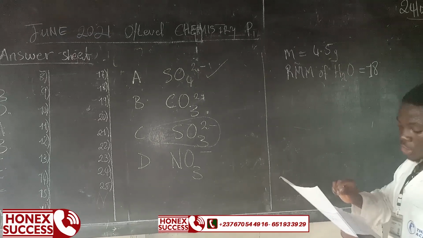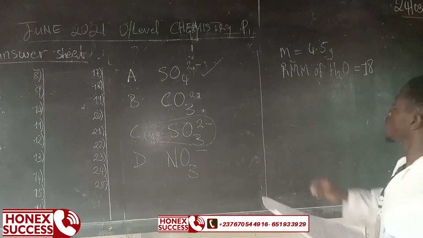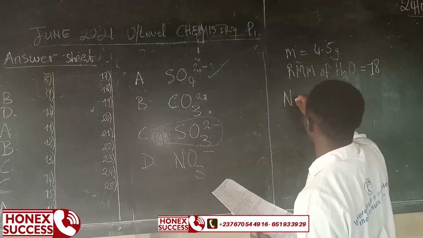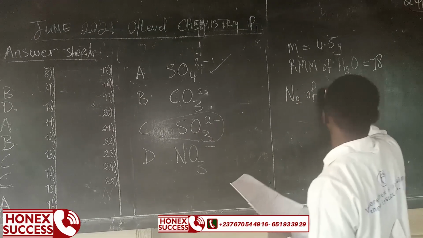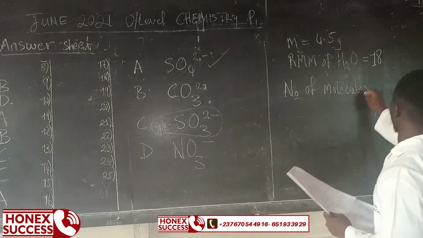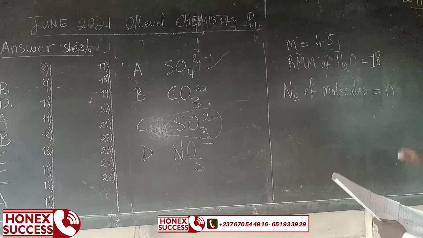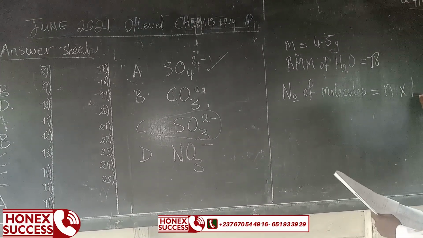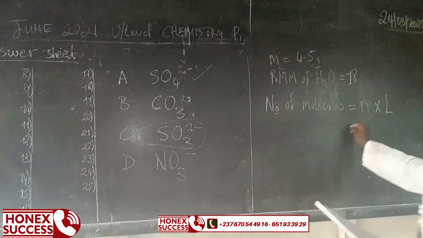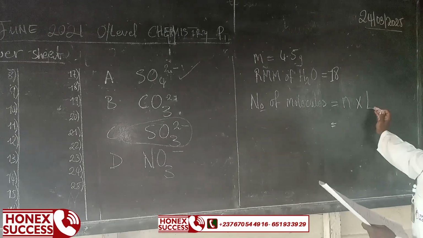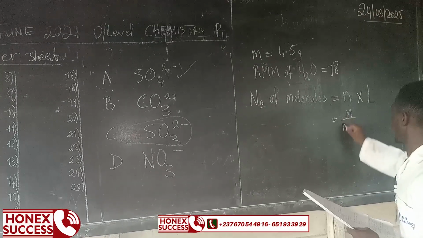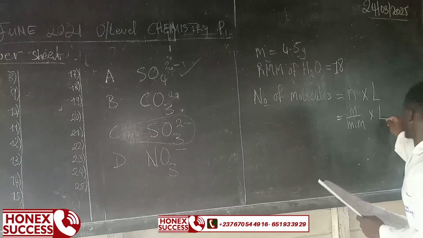The question was asking us to get the number of molecules, and we all know from the notes that the number of molecules is given by the number of moles, which is small n, times Avogadro's constant, capital L. If we substitute, the number of moles is mass over molar mass, times Avogadro's constant.